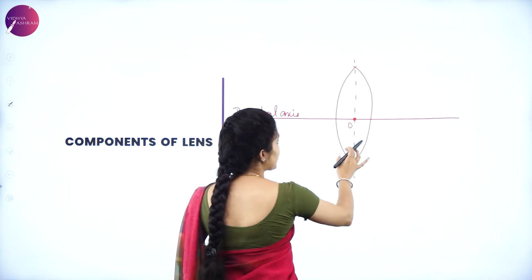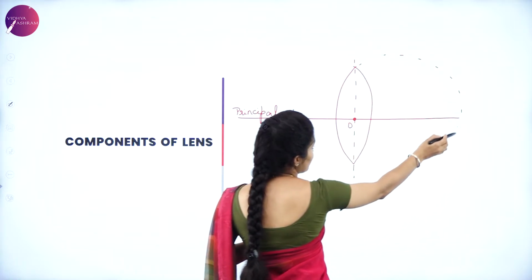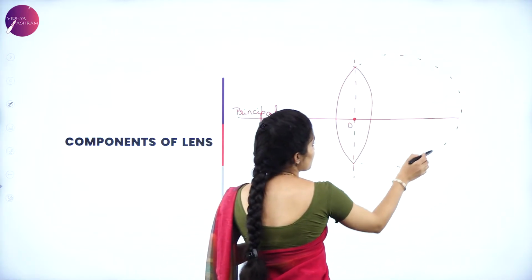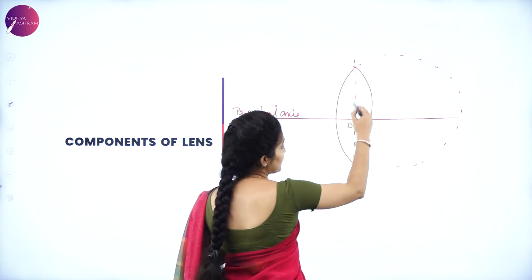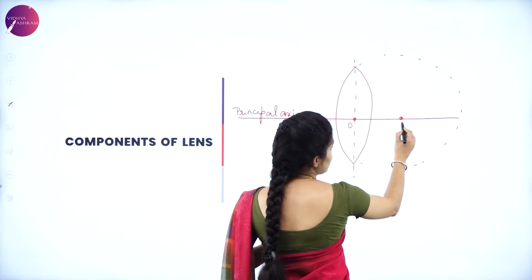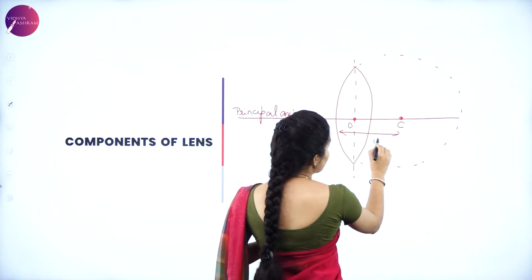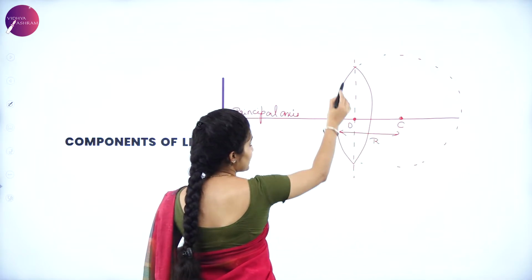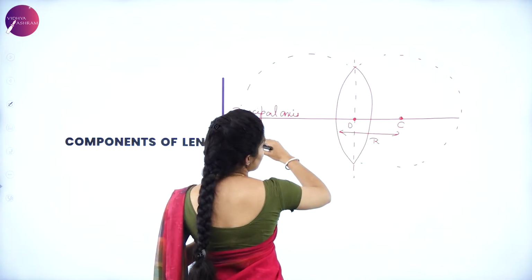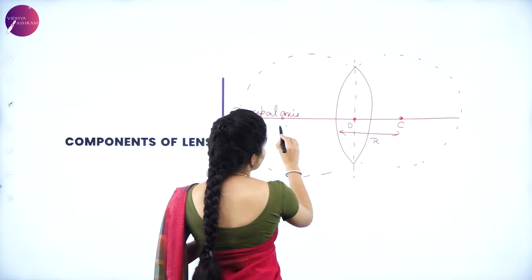So each side of the lens, this curved part, if there is a circle over here, this is spherical. So from the spherical, we are just taking a part of the spherical surface, then its center of curvature is this, and the radius of curvature will be this part. Similarly, if you consider the other side of the lens, if that has the circle in this manner, even that will also have a center of curvature.